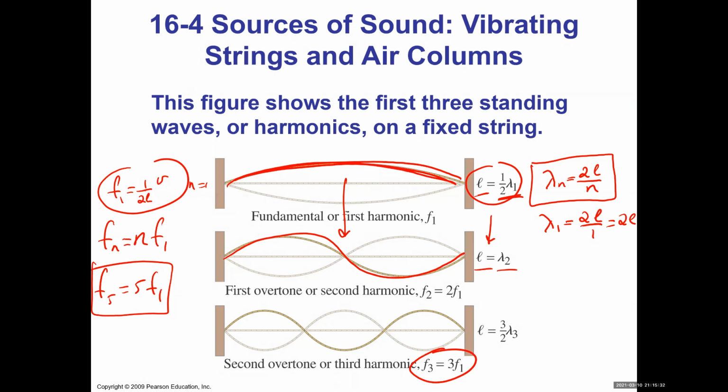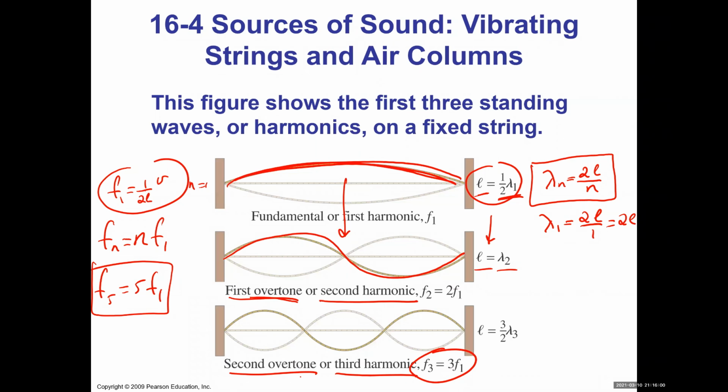Now, if you're a music person, you can also learn about overtones. The overtone is the standing wave that comes after the fundamental. You have the fundamental, and the first overtone is what comes after it. So the second harmonic is the first overtone, the third harmonic is the second overtone, and so on and so forth.